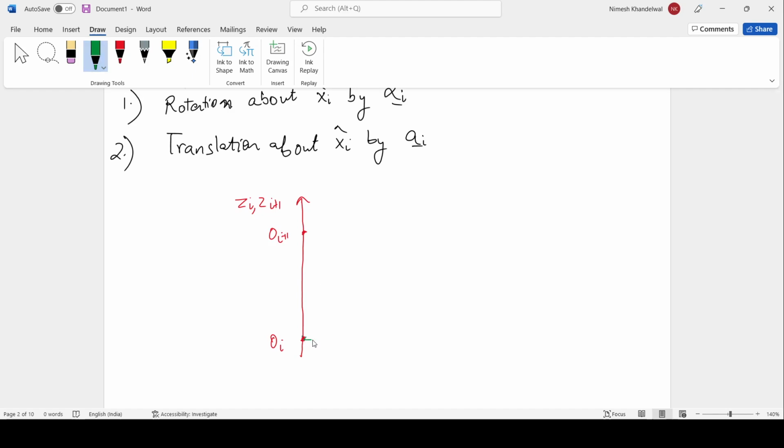Also, the x-axis of the ith frame passes through the origin of the ith frame for obvious reasons, and the x-axis of the I plus 1th frame passes through a different origin. And again, these two lines need not be parallel or even coinciding to each other.